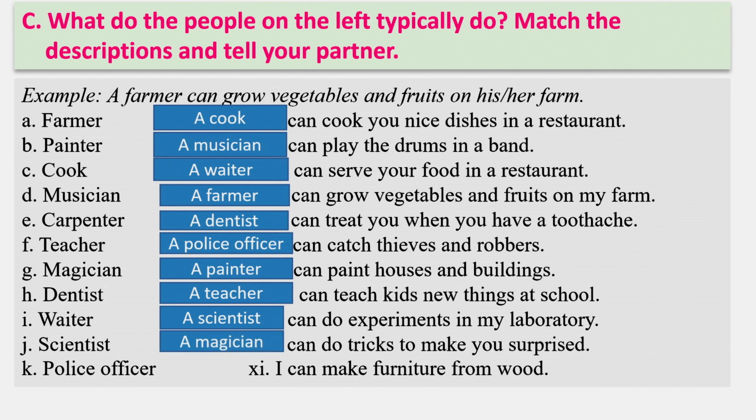A magician can do tricks to surprise you. And a carpenter can make furniture from wood. Likewise, you can complete it in your notebook and present it to your teacher. So as in the example, we have completed our exercise here. Is it helpful? Very good.